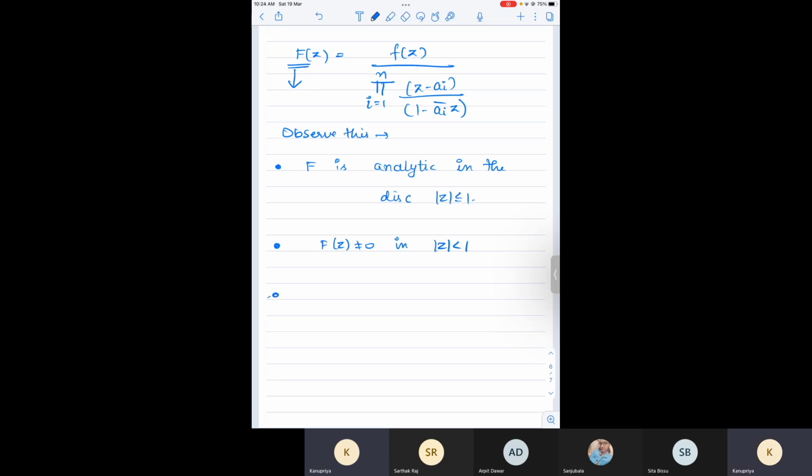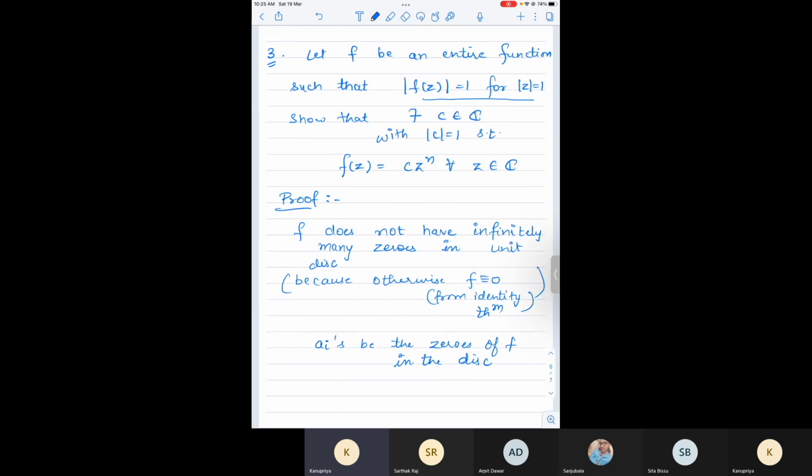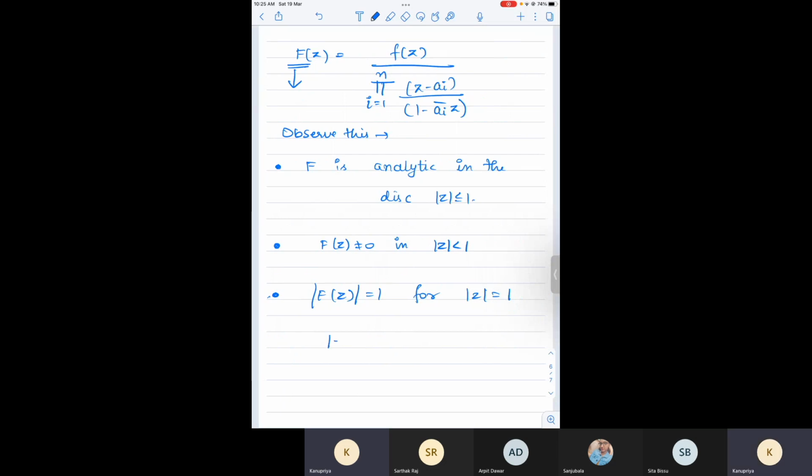Now the third thing to observe is that the modulus of F(z) is equal to 1 for mod z equal to 1. Please calculate it. You can easily see this.